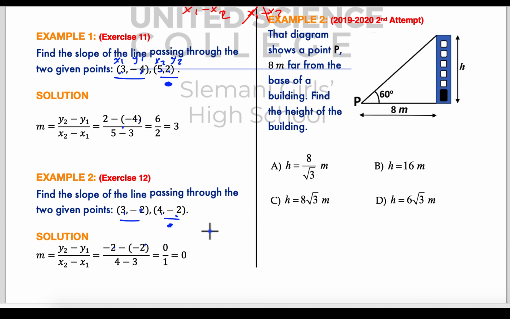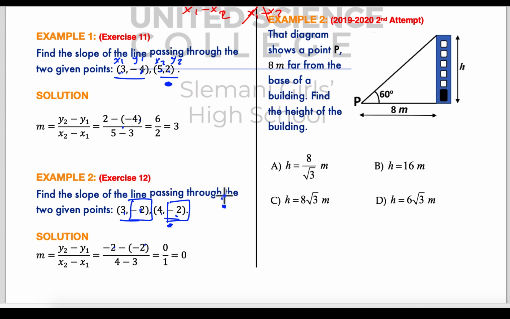You can also say, if you recognize its y components are same, 2 points share the same y value. This is the y value for the first point. This is the y value for the second point.